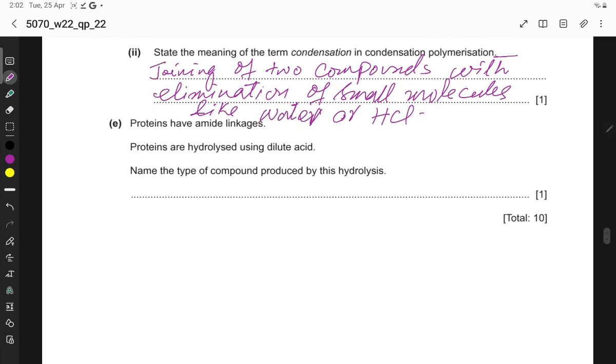Proteins have an amide linkage. Proteins are hydrolyzed using dilute acid. Name the type of compound produced by this hydrolysis: amino acid.